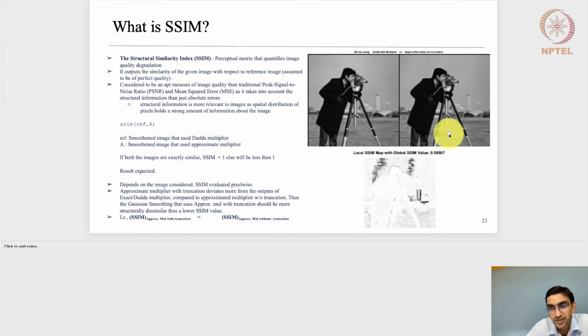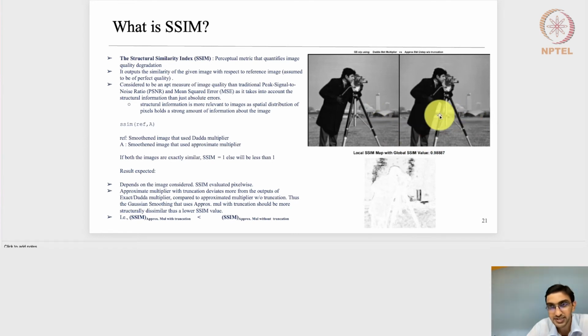And this output on the right side is from the Gaussian smoothing filter when the filter is developed from this approximate 8-bit multiplier. Right. So if I compare these two images, there is hardly any difference. The only thing you can see is that a little bit of the data is lost, but all the relevant information which the image is rendering is still present, right?